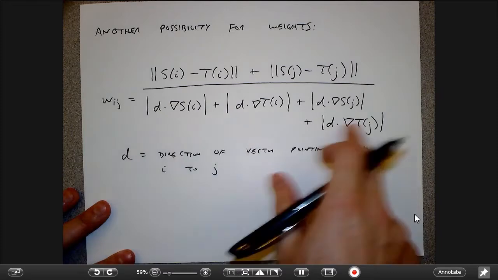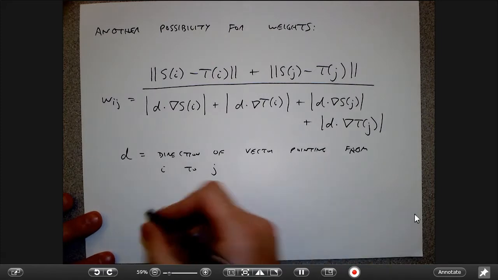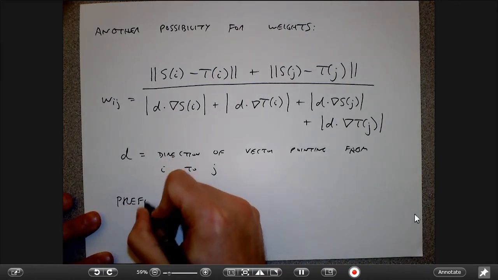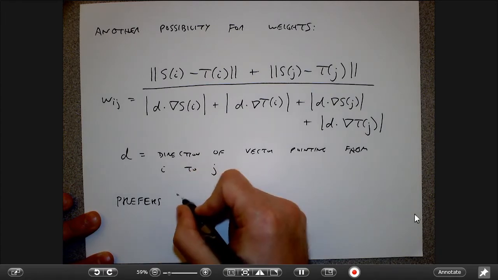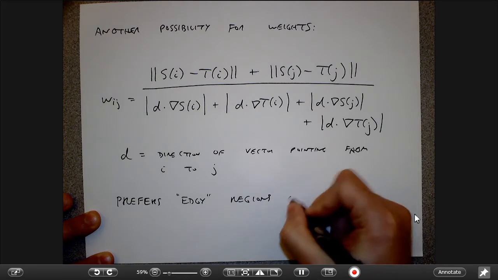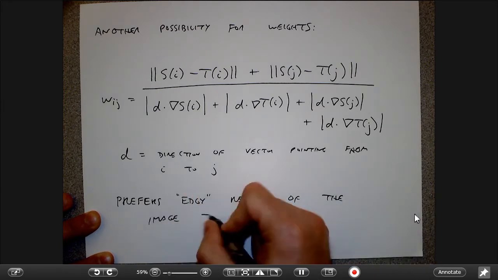And that means that if this denominator is large, then the weight will be small, and that will be an appealing place to cut. And so the idea is that this prefers kind of edgy regions of the image to make the cut.